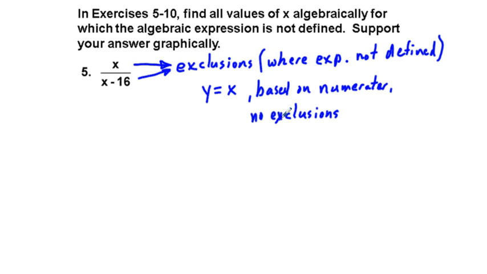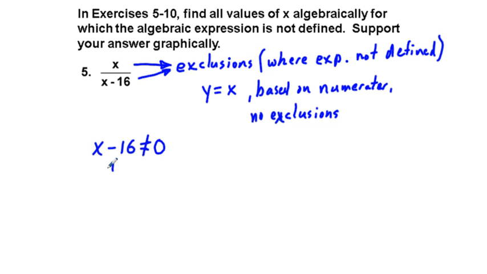So there's not a real number that x cannot be. Now in the denominator, that's a different story. We know, what do we know about math and algebra? Can we divide by 0? No. So we know that x minus 16, this denominator, cannot be equal to 0.